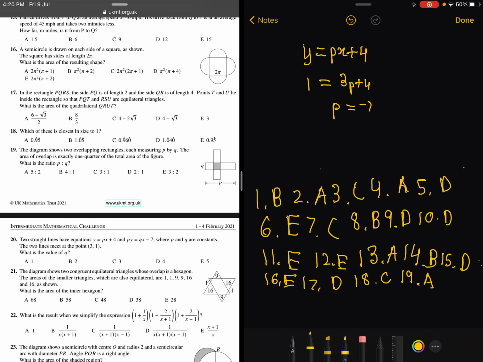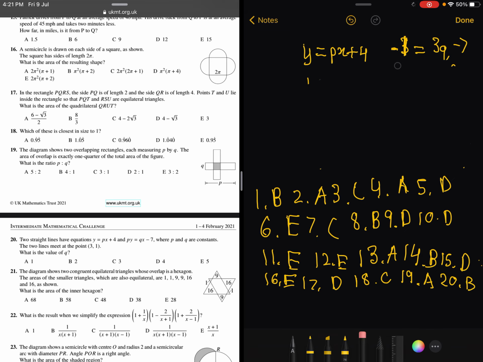From there, we know y was 3, so -3 is equal to q into -1, which is equal to q into 3, so 3q minus 7, giving us 3q equals 6 and q equals 2. C, piece of cake. 20 is B. Question number 21.